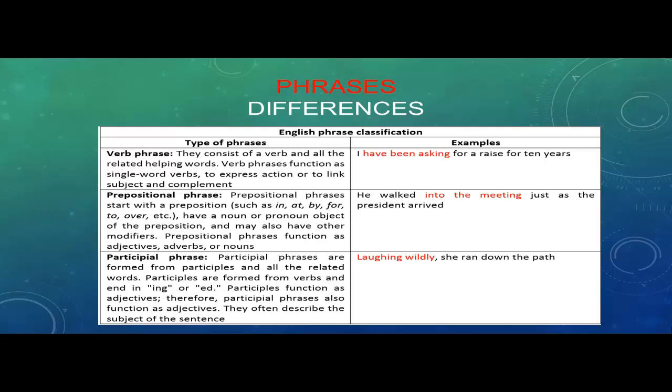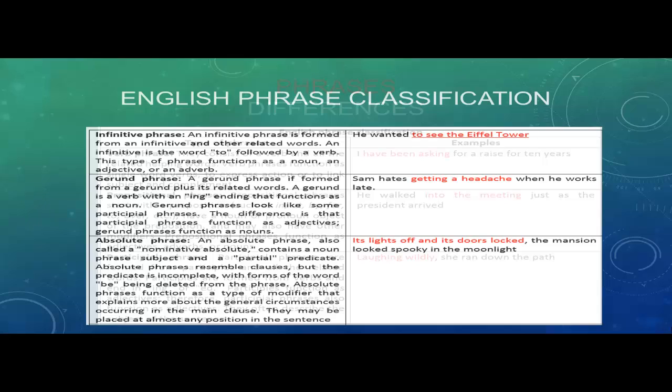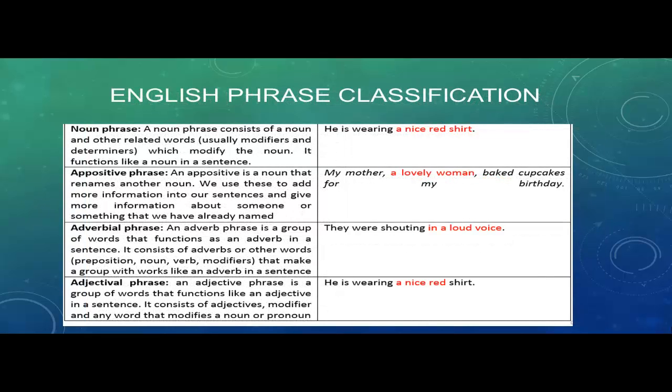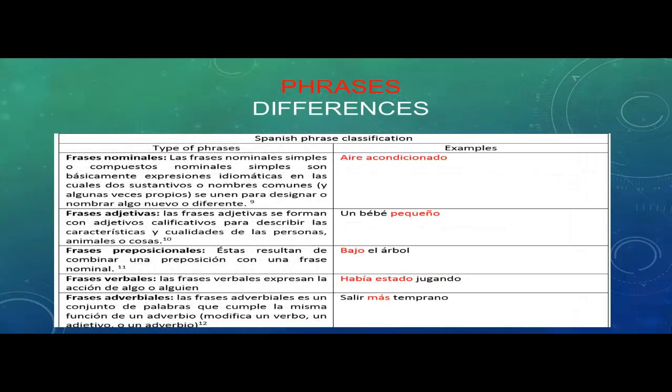In English we have verb phrase, prepositional phrase, participial phrase, infinitive phrase, gerund phrase, absolute phrase, noun phrase, appositive phrase, adverbial phrase, adjectival phrase. And in Spanish we have frases nominales, frases adjetivas, frases preposicionales, frases verbales y frases adverbiales.